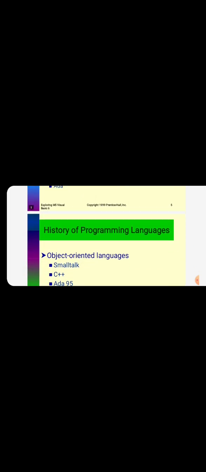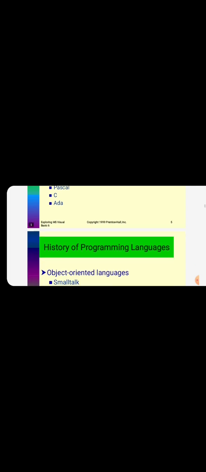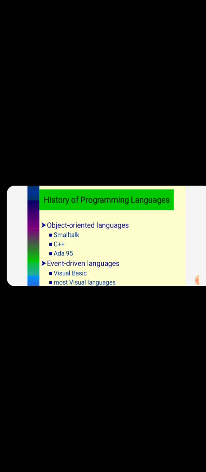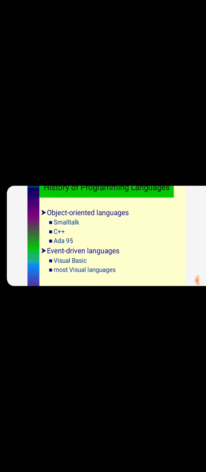Procedure-oriented means a lot of procedures are there. Fortran, COBOL, Pascal, C and Ada are procedure-oriented languages. Object-oriented languages are Smalltalk, C++ and Ada, and event-driven languages are Visual Basic and other visual languages.